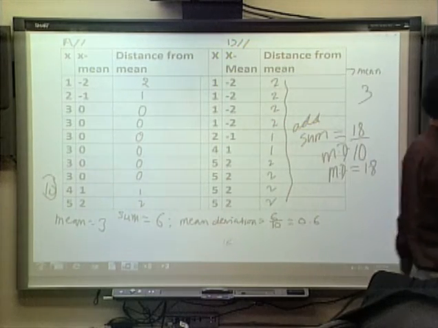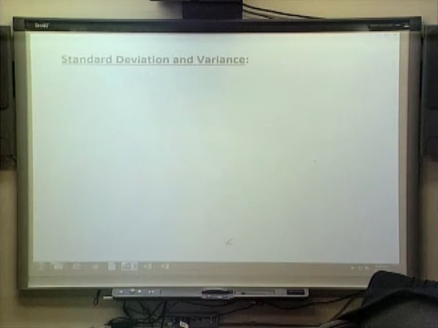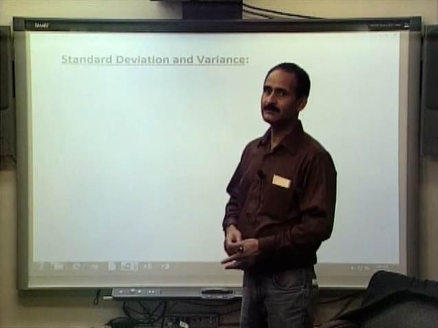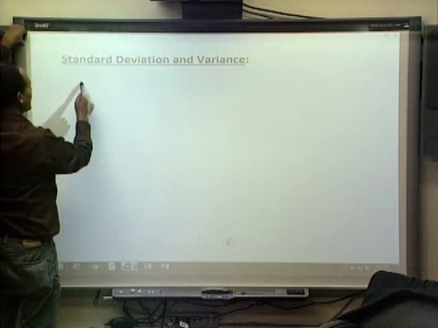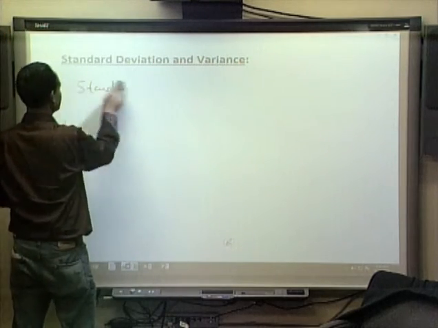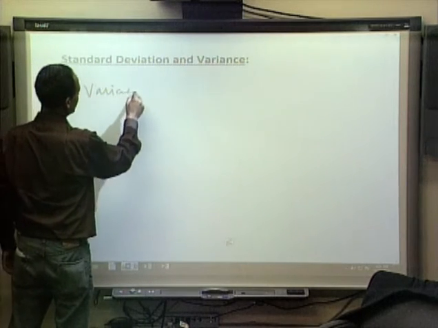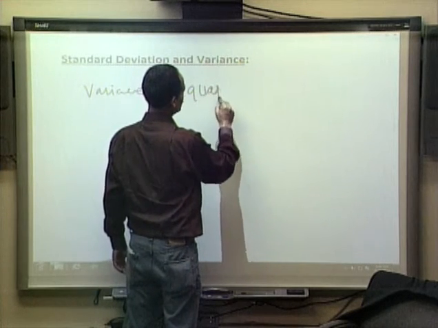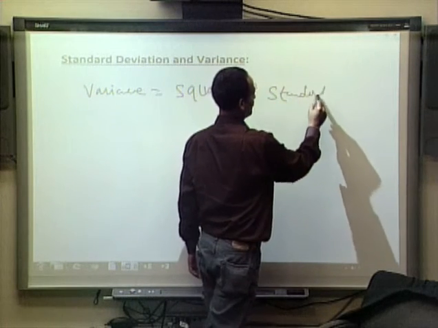Okay. Let us look at another measure of variation. The other measures of variation are called standard deviation and variance. They have a close connection. Variance is the square of standard deviation.